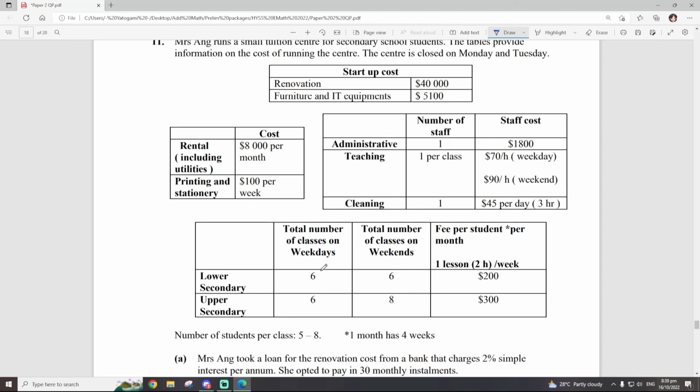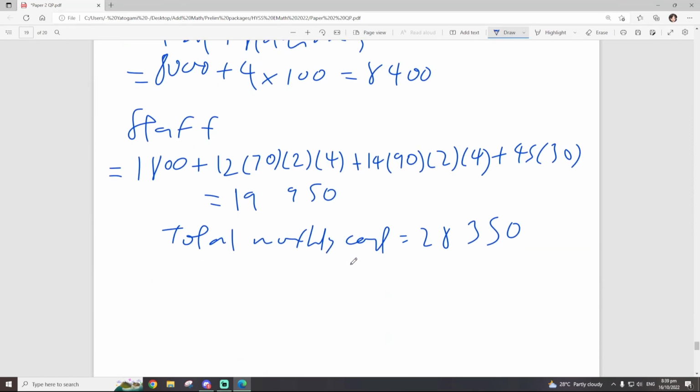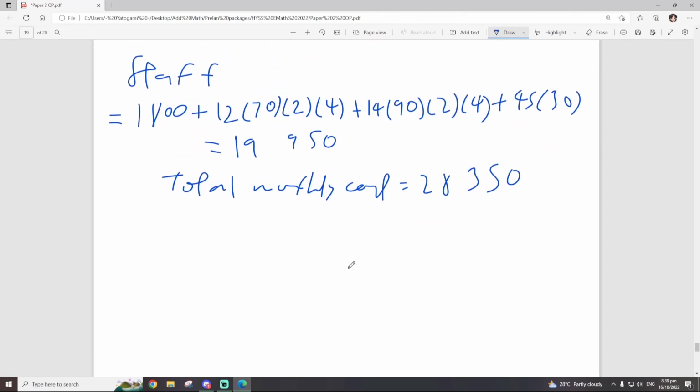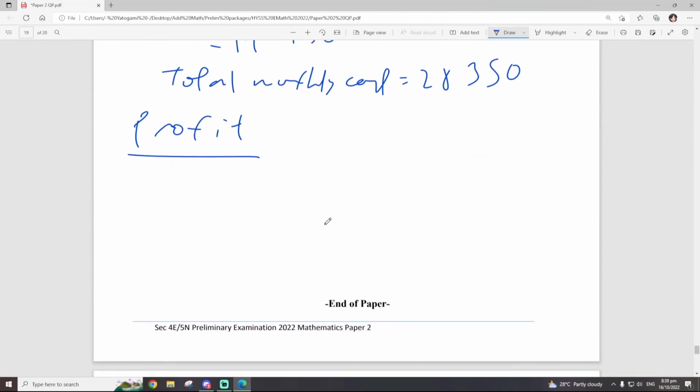That seems to be the understanding that we need to make. So for revenue, this is 5 times, wait, why is it times 5 again? It's because it's the minimum, right? Okay, we'll take the minimum, we want to be conservative.